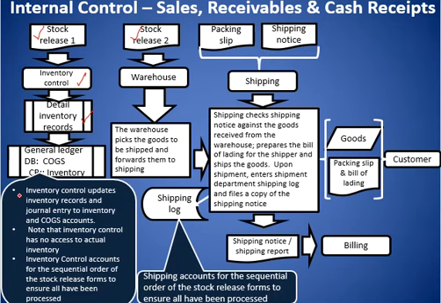What I'm saying here is inventory control updates inventory records and makes the journal entry to relieve inventory and charge cost of goods sold for the inventory being removed from the accounts. Note here that inventory control has no access to the actual inventory. The only thing inventory control does is keep the records.